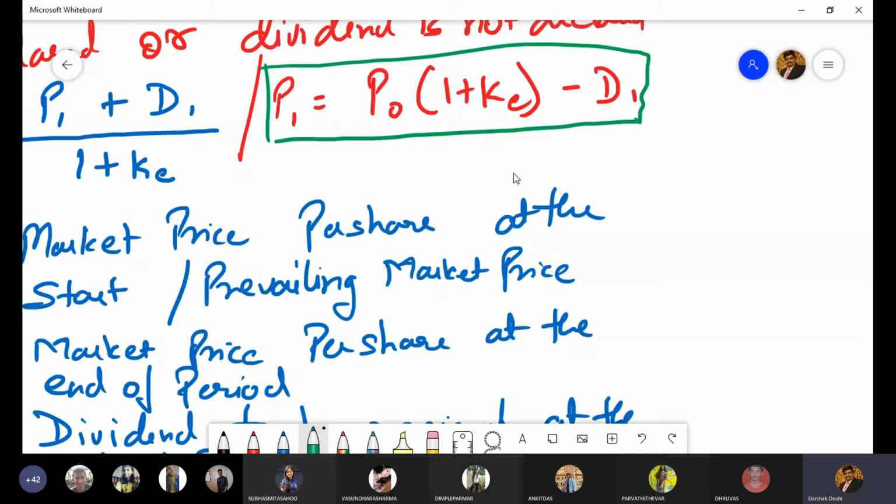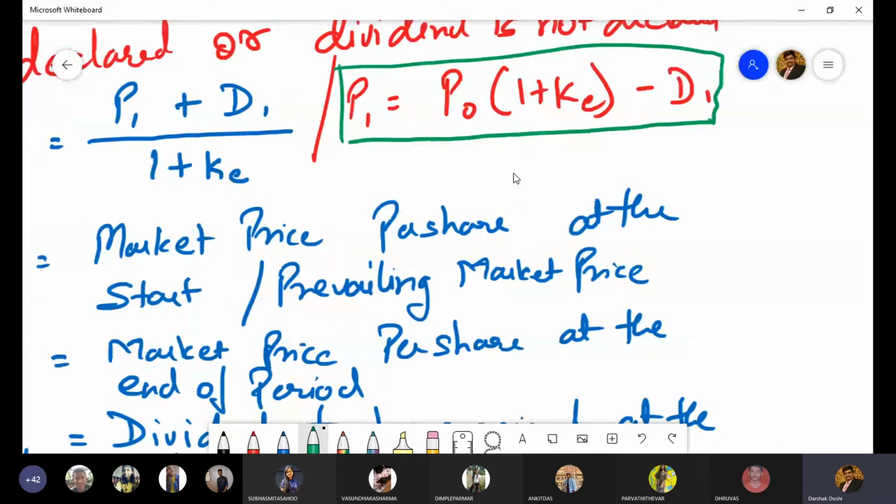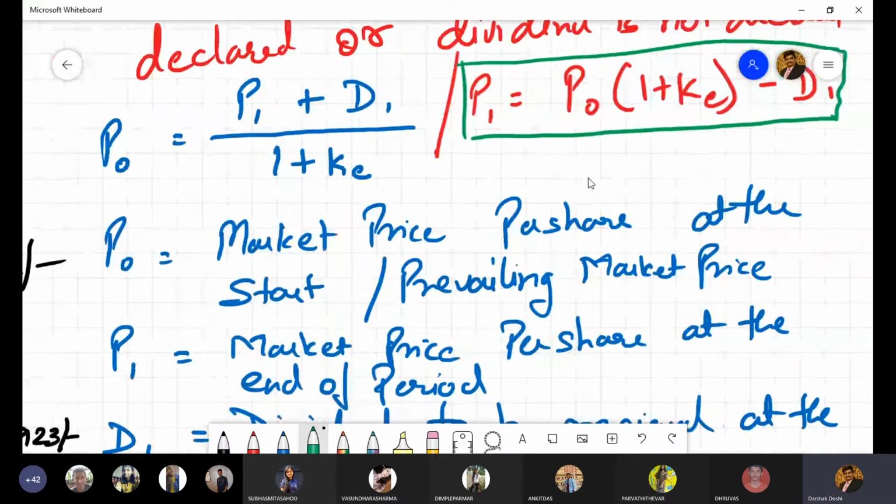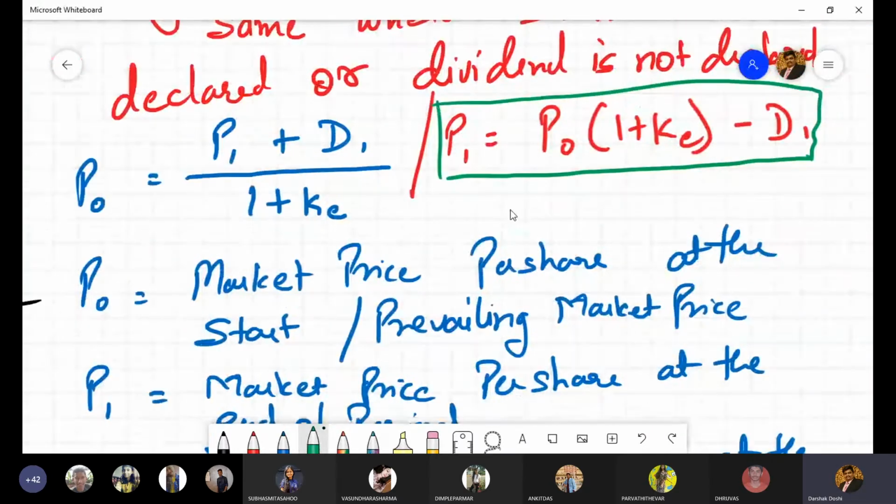So if you want to find out price at the start right now and you know the price at the end, you use the formula we have written first. And if you want to know price at the end, from the data we have, that is price at the start and dividend at the end, you can use the second one.